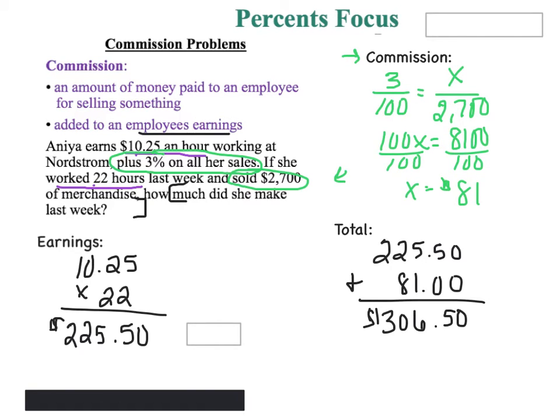So if the question is just asking a basic what is the commission, we just have to do a single proportion. If it's asking for the total amount somebody would make, you have to add commission to the total earnings.